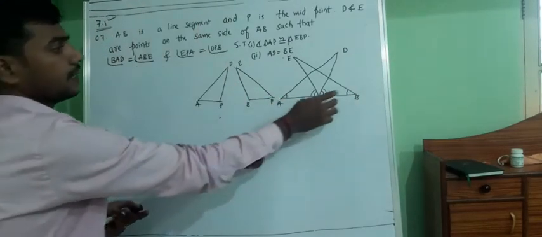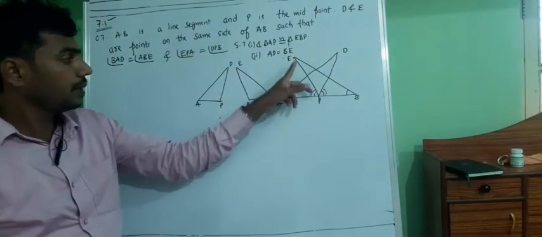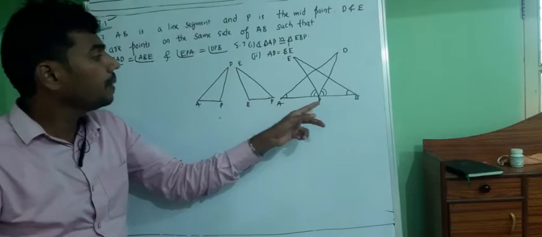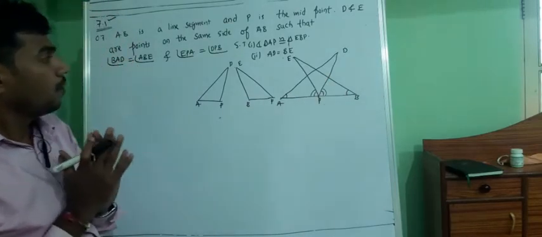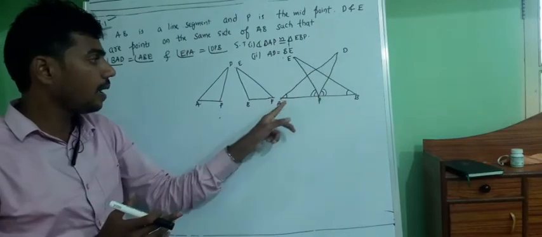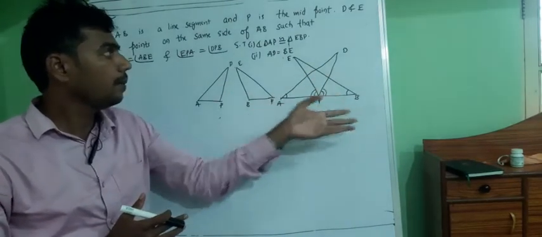So this angle is equal to that angle. Next, they have also given angle EPA is equal to angle DPB. We need to show that triangle DAP is congruent to triangle EBP.